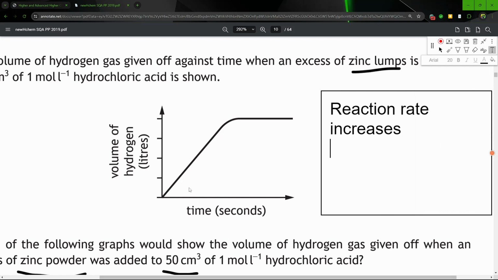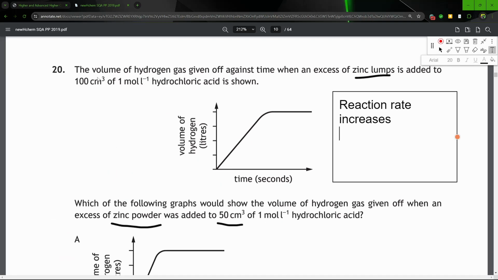But, au contraire, it only says 50 cubic centimeters rather than 100 cubic centimeters, which means there's less stuff to react. And it's an excess of zinc powder, so we're going to react with all this hydrochloric acid here, which means it's going to be half as much product produced.